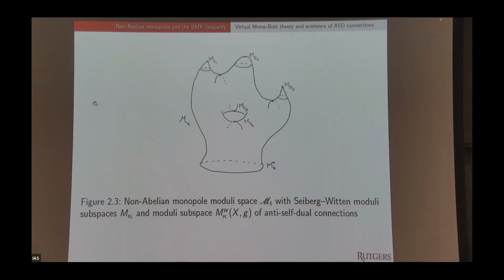In our monograph, we compute the virtual Morse index of all the points before you've compactified. Our expectation is that even after you compactify, the new singular points that stick to the moduli space after doing the compactification still have positive virtual Morse index too. But yeah, you're right, that's an extra step.